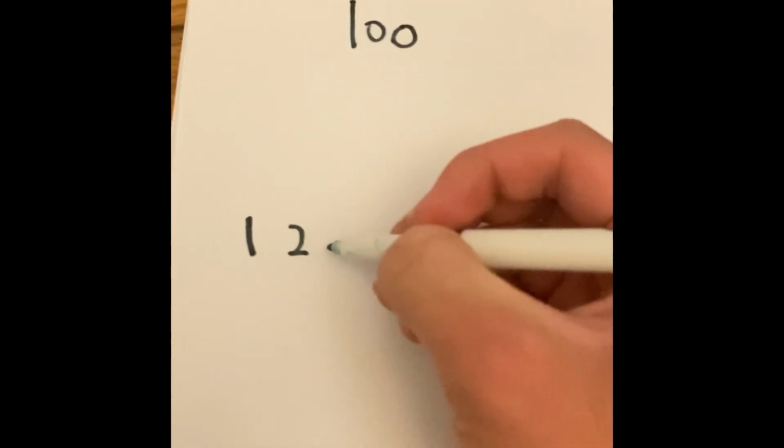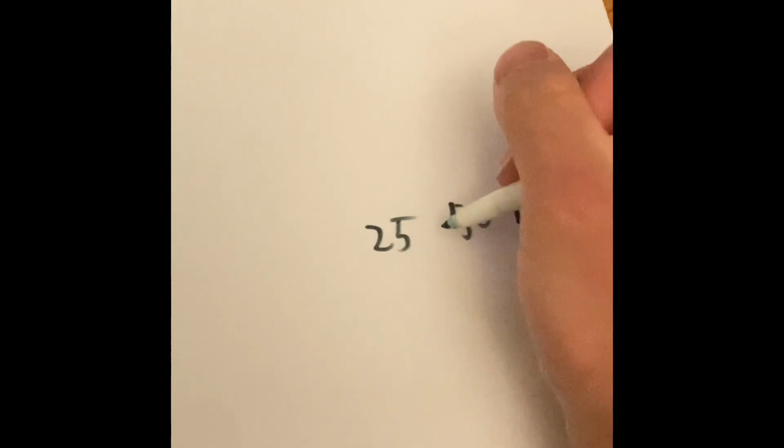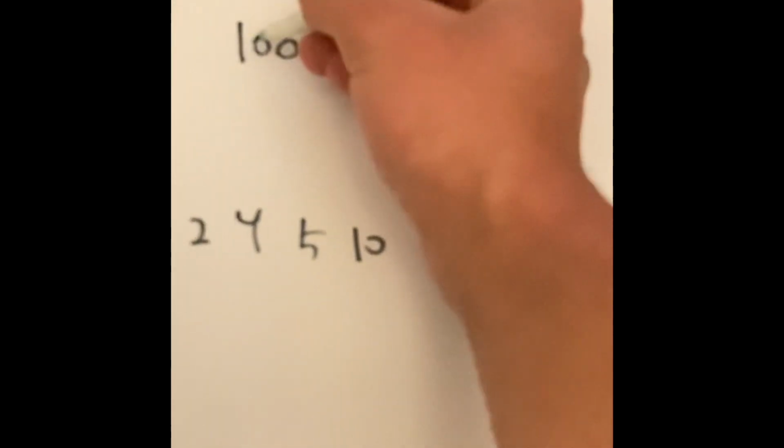Not 3, but 4 and 25 will bring you 100. 5 and 20 will bring you 100. If we use 10, 10 times 10 is 100.